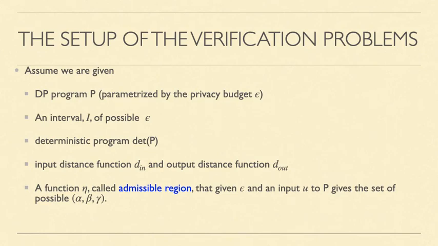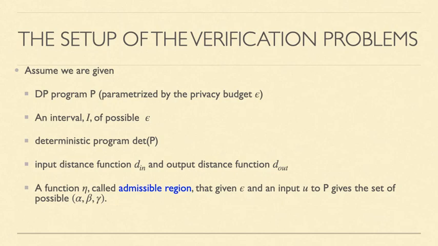So let's set up the verification problems. Assume we are given a differential privacy program P, an interval I of possible privacy budgets epsilon. P is also parameterized by the privacy budget epsilon.